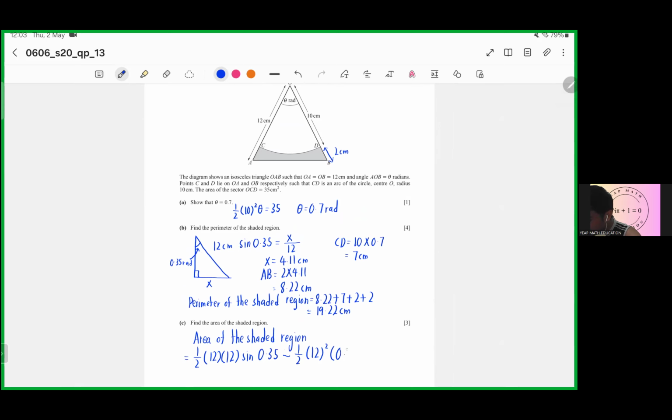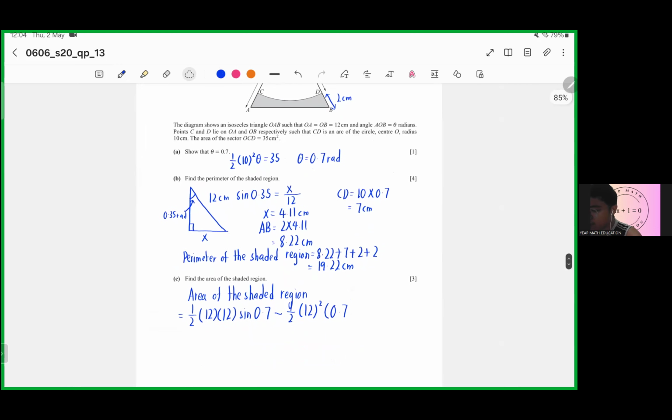Sorry, here is 0.7. So you just take the calculator to calculate it.